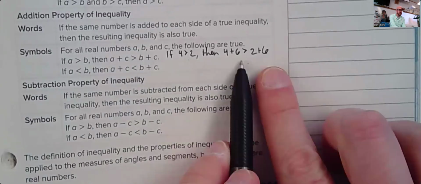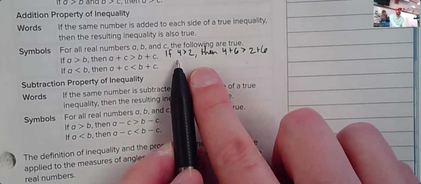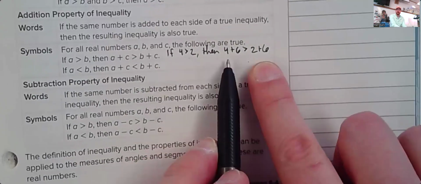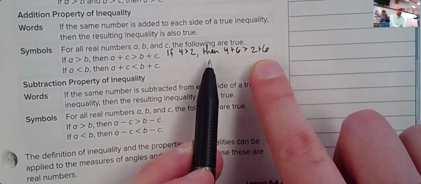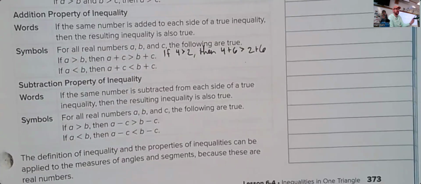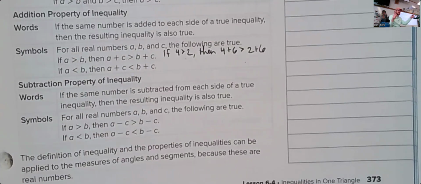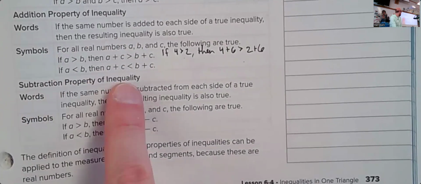If you add the same thing to both sides of an inequality that's true, that inequality will still be true. 4 plus 6 is 10, 2 plus 6 is 8, 10 is greater than 8. So if you have a true inequality, and you add the same thing to both sides, that inequality will remain true. Whether it's a greater than or a less than, it works for both of them.